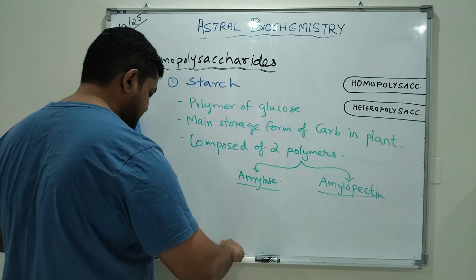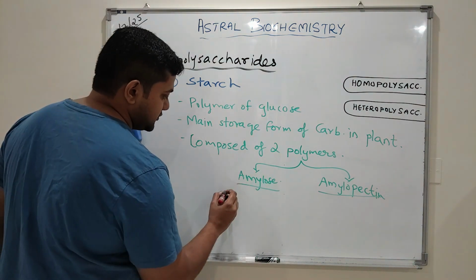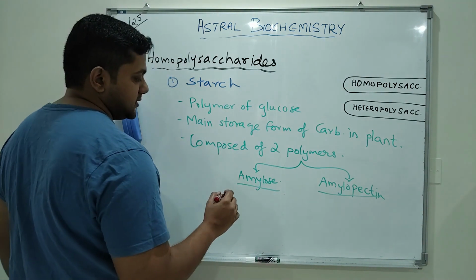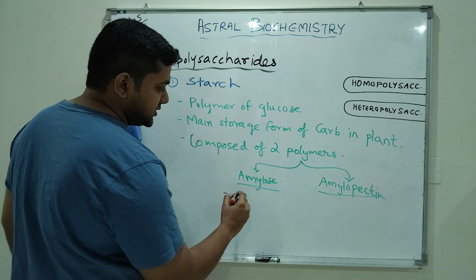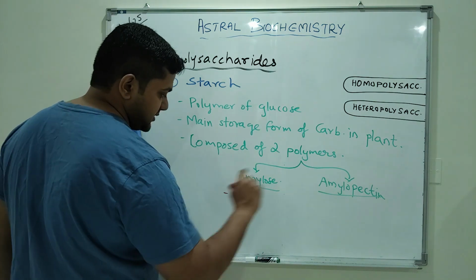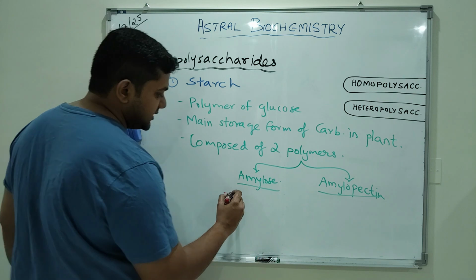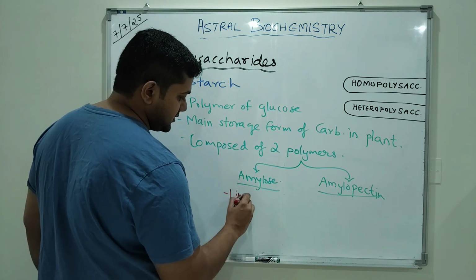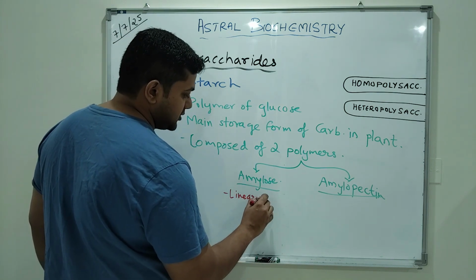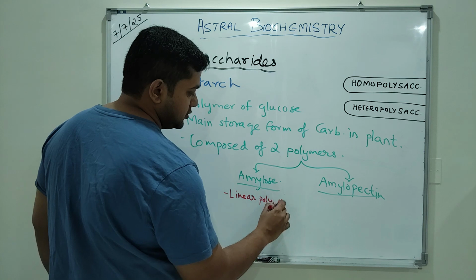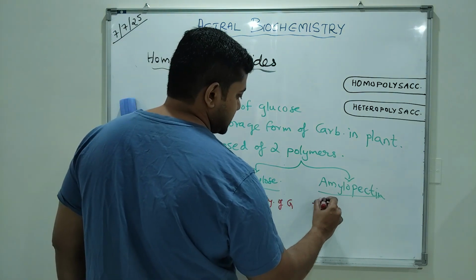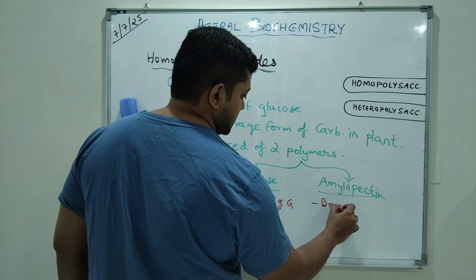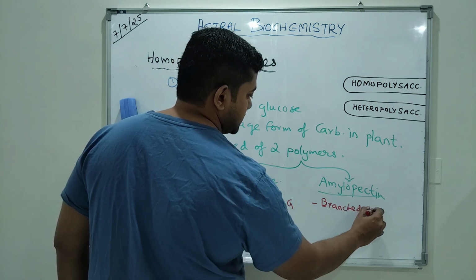In amylose, the glucose units are linear in arrangement, so it is a linear polymer of glucose, whereas amylopectin is a branched polymer of glucose.